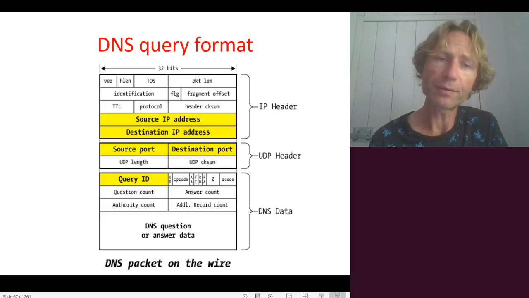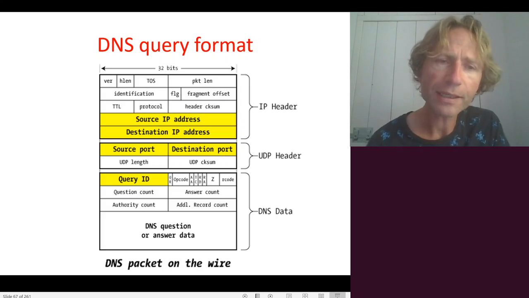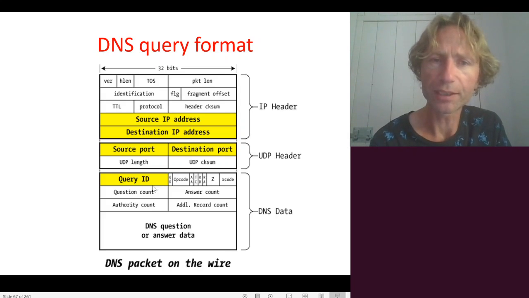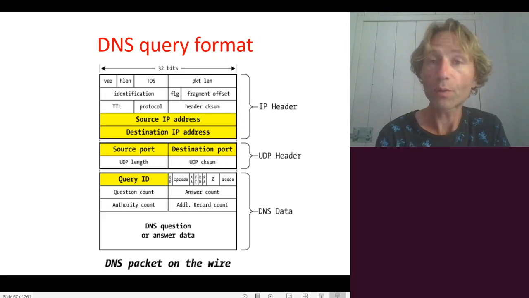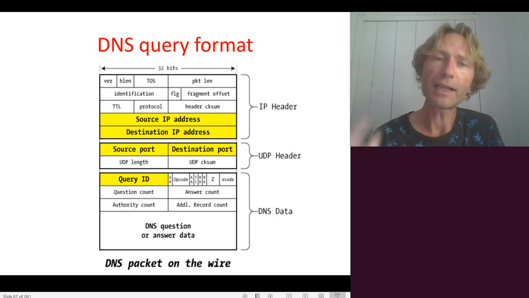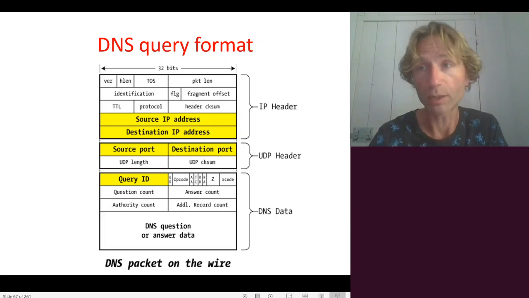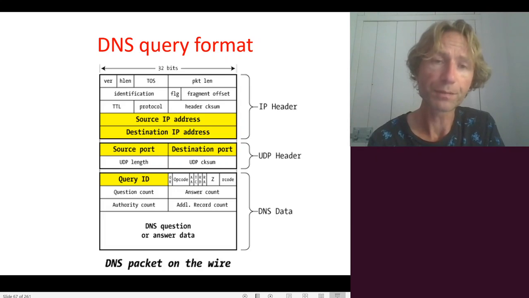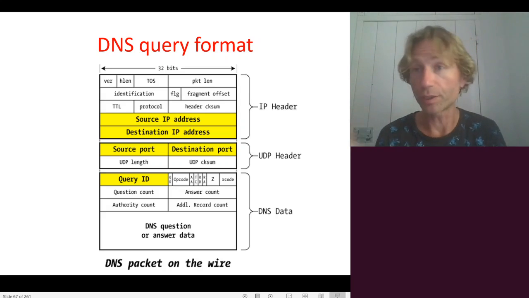What I want to say about the DNS data for now, and we'll look at the other fields later, is that all the queries have a so-called query ID, a unique ID. The query ID is very important because if you send out a query, and maybe as a local name server you're sending out many queries, maybe to multiple top-level domain name servers, and then you sit waiting for replies.